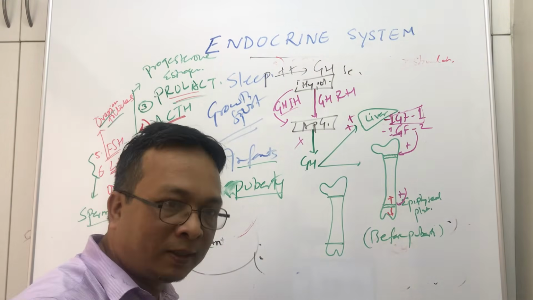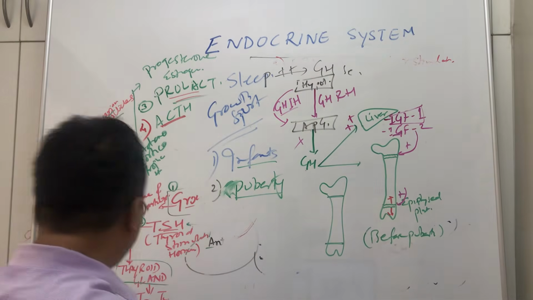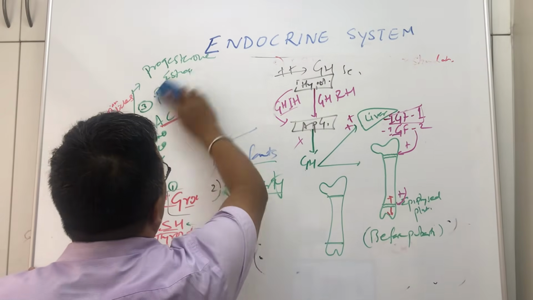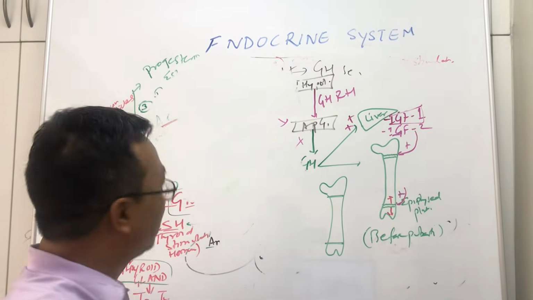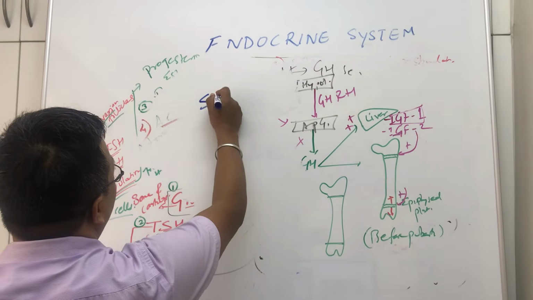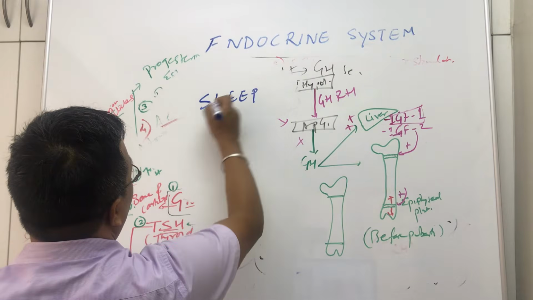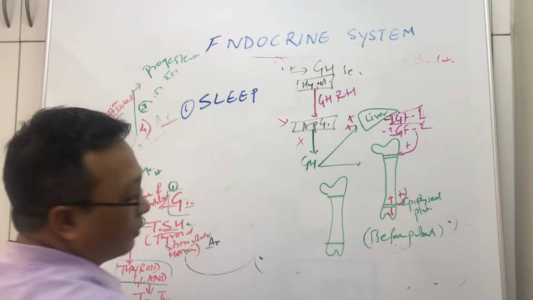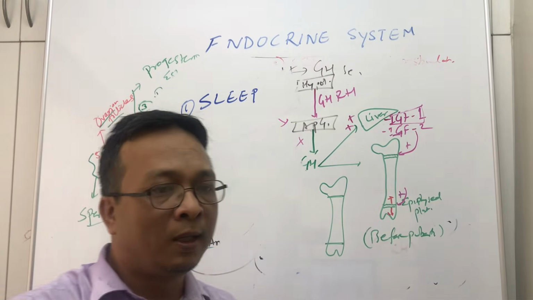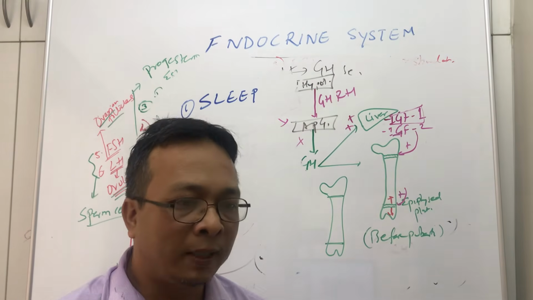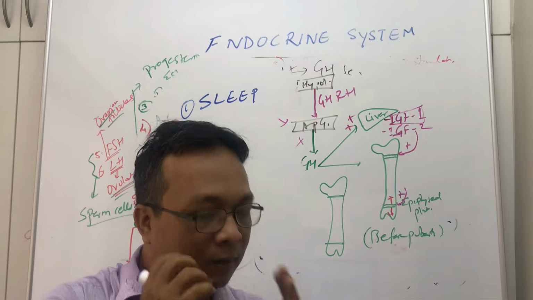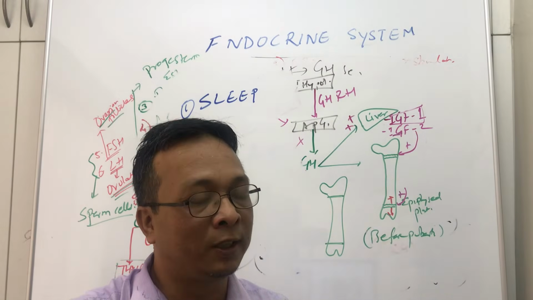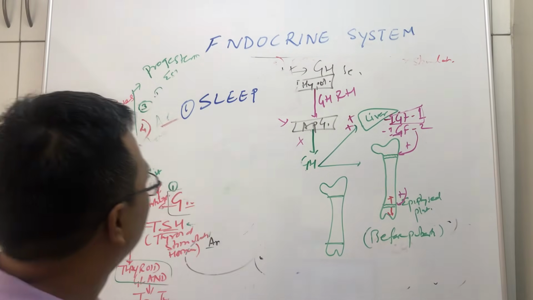So what are the factors that increase growth hormone secretion? Number one, sleep increases growth hormone, so babies or kids should be encouraged to sleep more, because during sleep growth hormone is secreted and that is essential for their growth.